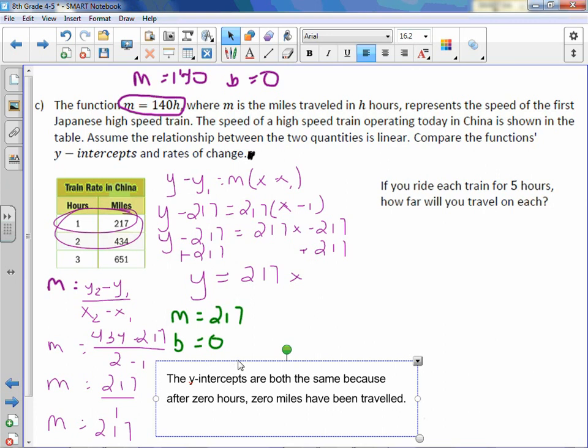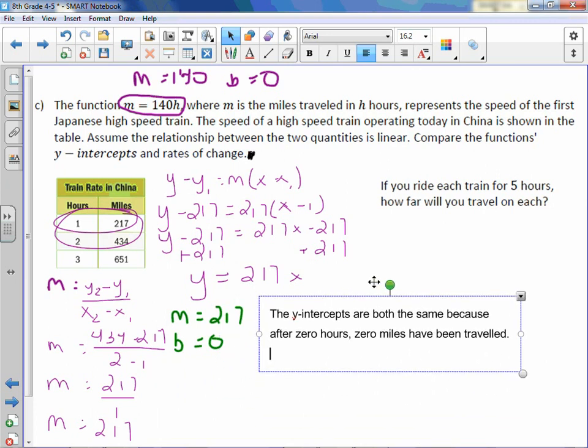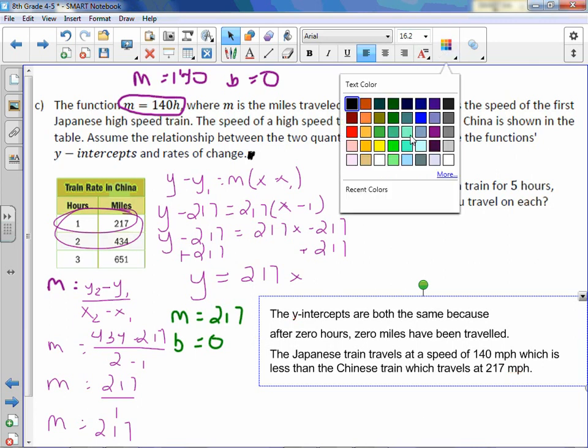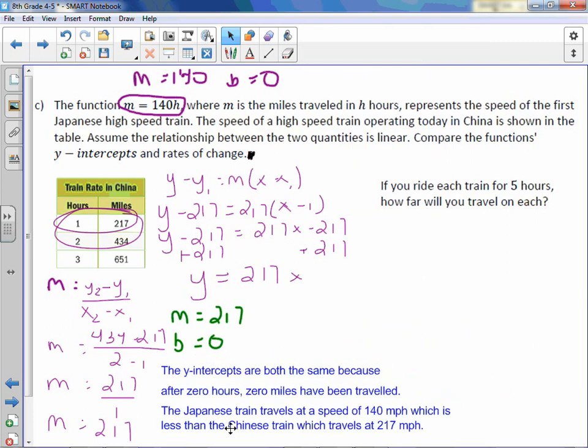Now their slopes, their speeds, we can say the Japanese train travels at a speed of 140 miles per hour, that's our slope, which is less than the Chinese train, which travels at, our slope this time was 217 miles per hour. So that right there answers the first part of the question.